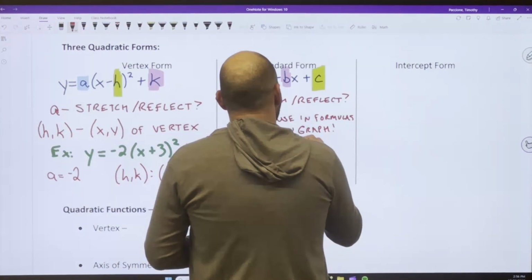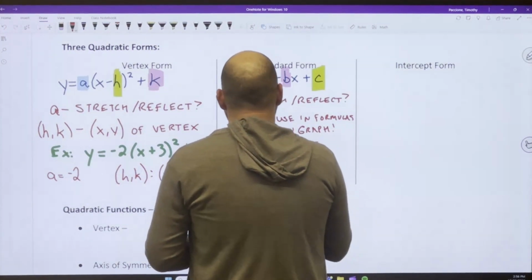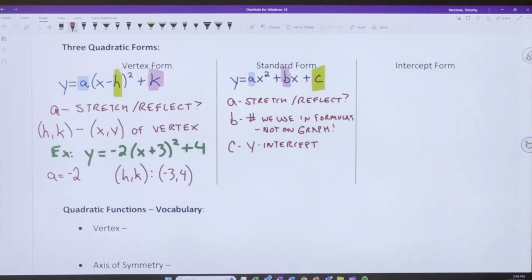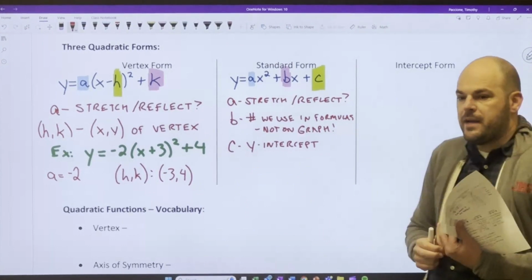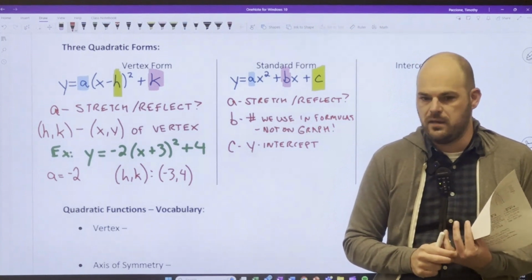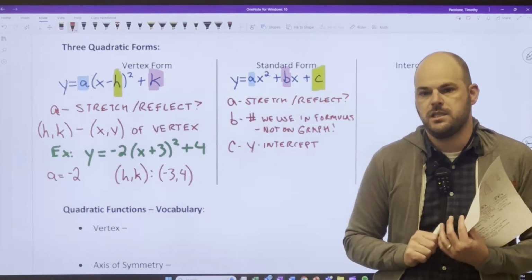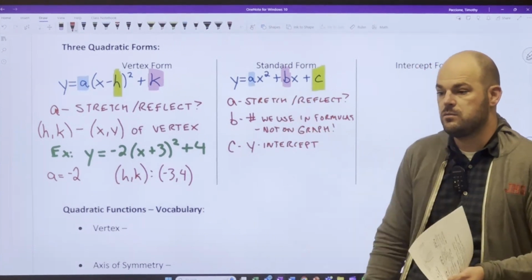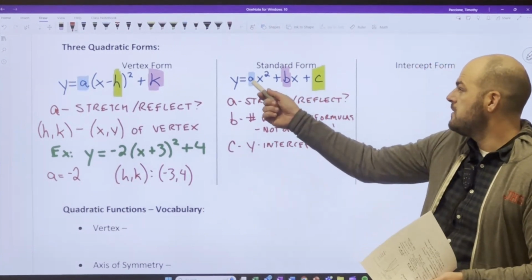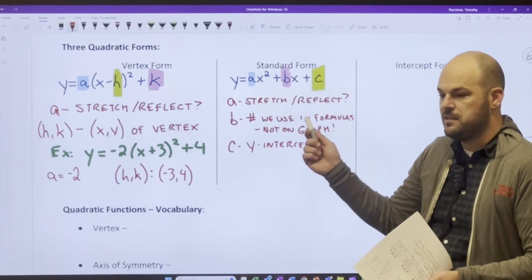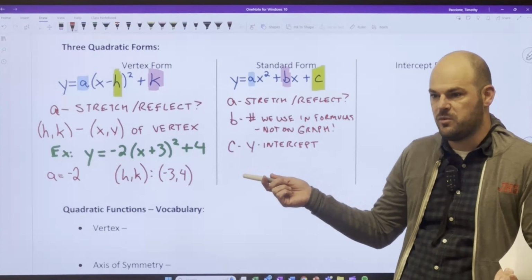See if you can think about it and tell me why our C would be our y-intercept every single time. Think about what a y-intercept is. A y-intercept happens when x is 0. Well, I don't even know what A is or what B is, right? But A times 0 squared plus B times 0 plus C. What am I going to be left with?